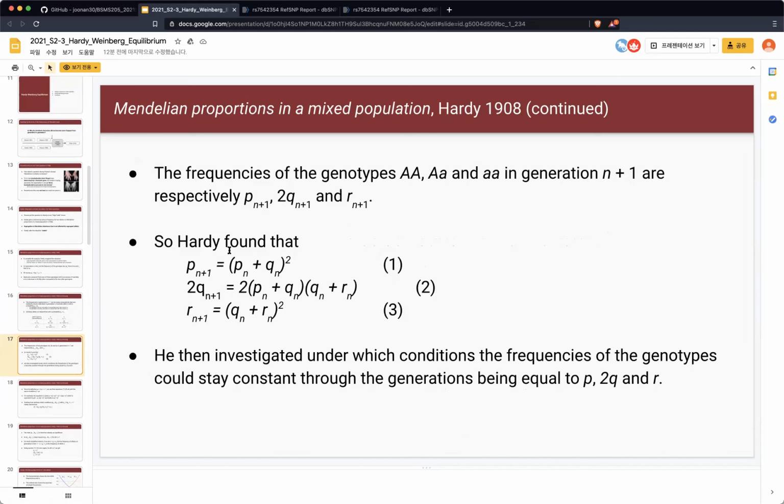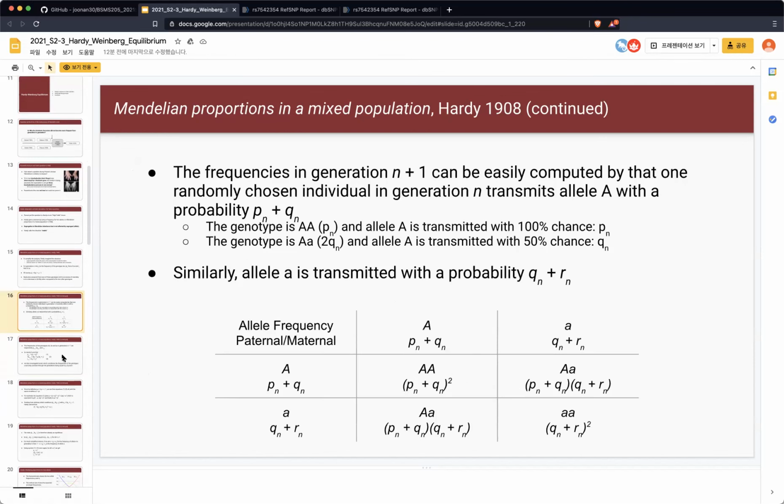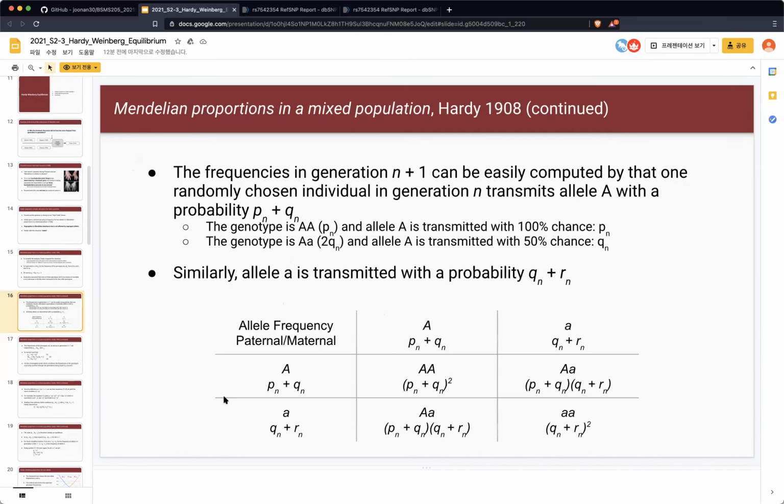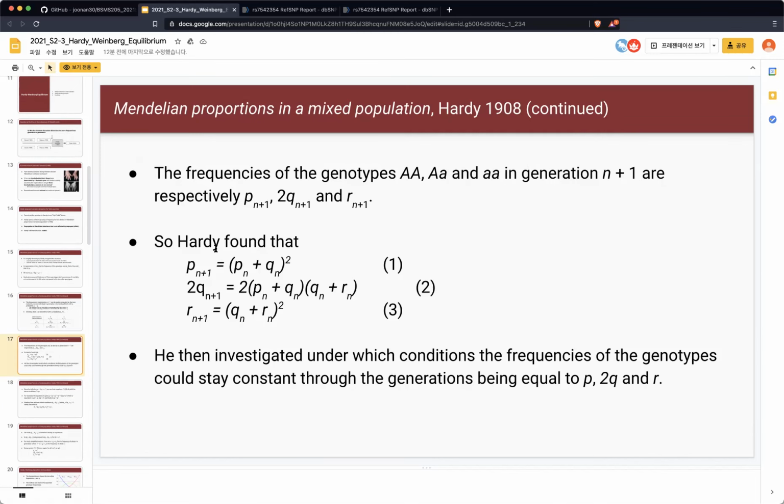Then what Hardy found is that Pn+1 is equal to Pn plus Qn times 2, because this is from here, right? And this heterozygous also follows from this situation, and the recessive situation is like the dominant homozygous situation too.